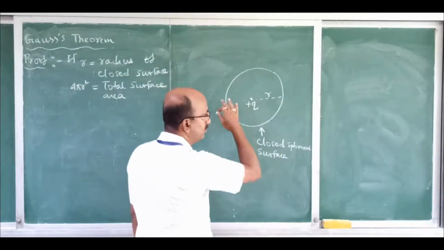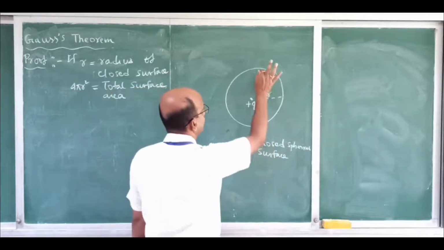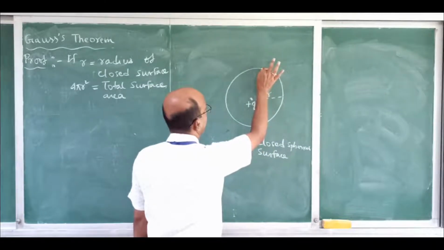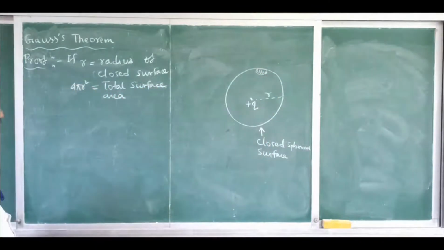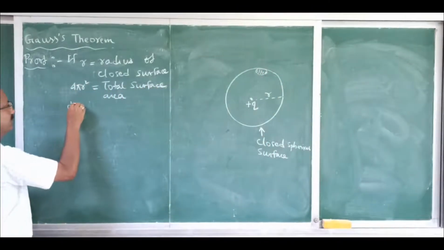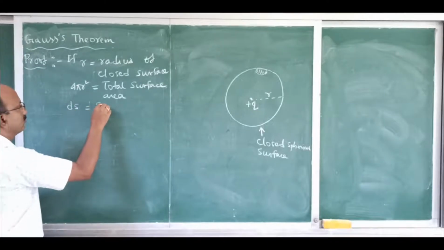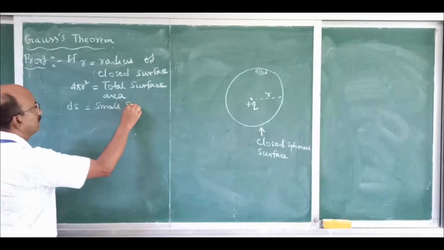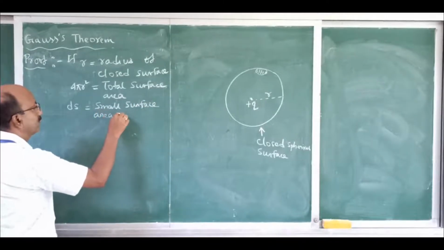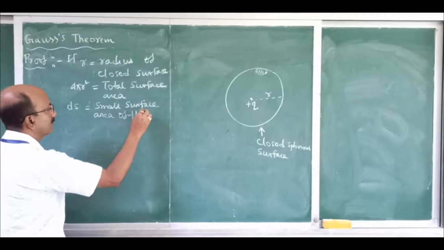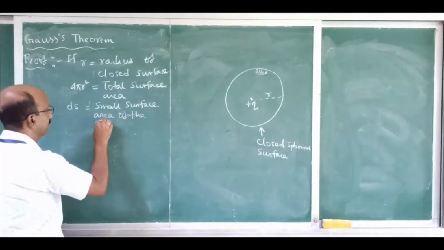Let me divide the whole surface area into small parts, and each small part has a surface area ds. So ds equals small surface area of the sphere.